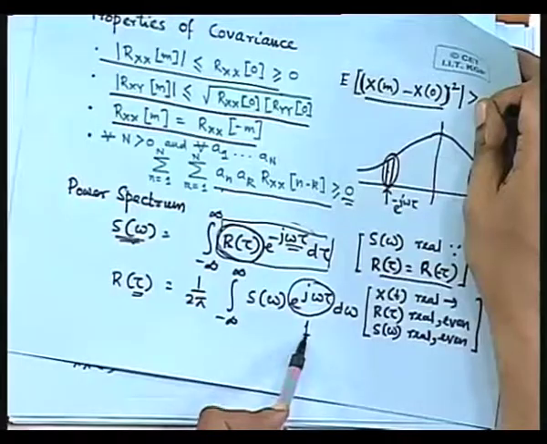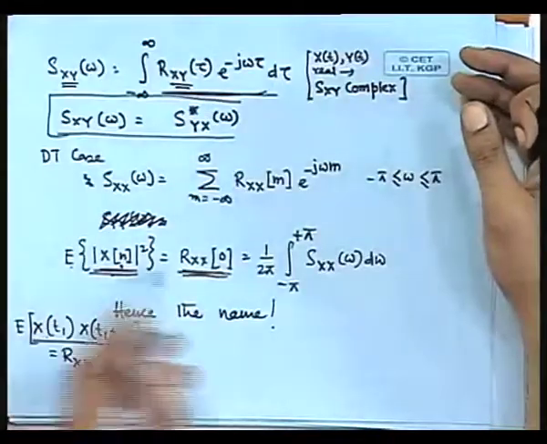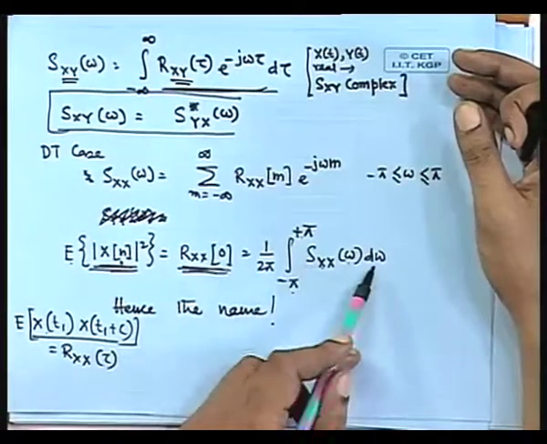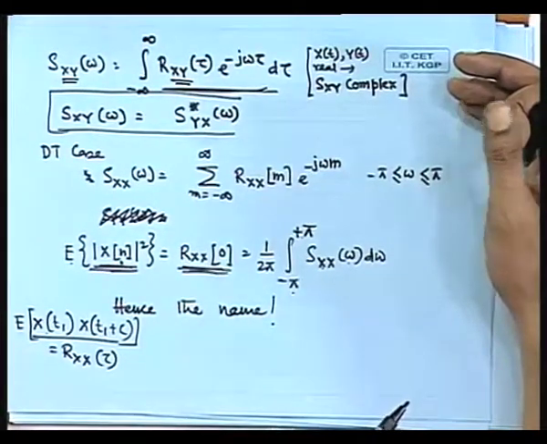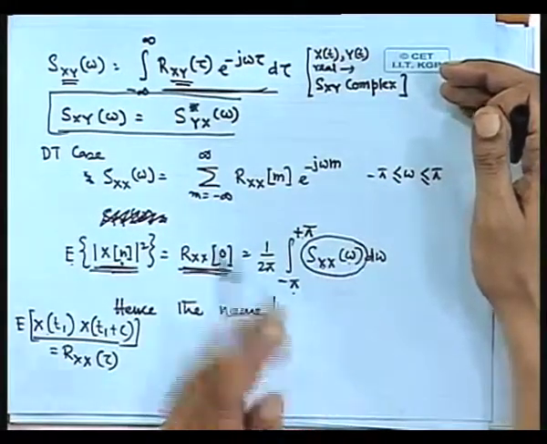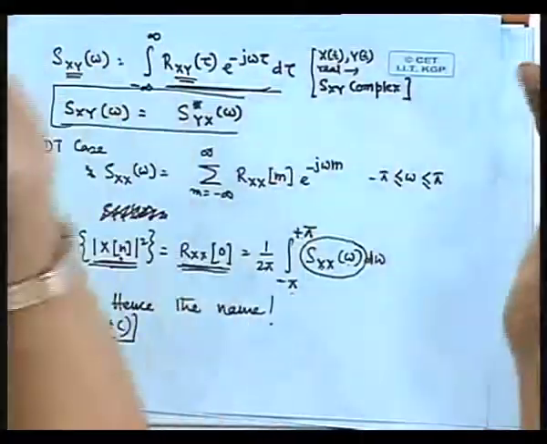So if this becomes 1, then my Rxx(0) is nothing but 1 by 2 pi, integral from minus pi to plus pi of Sxx(omega) d omega, which means that this Sxx(omega) function, if you see its area under the curve, then you get the total power, right? So in that sense, the function stands for what? It says how the power is distributed over frequencies.